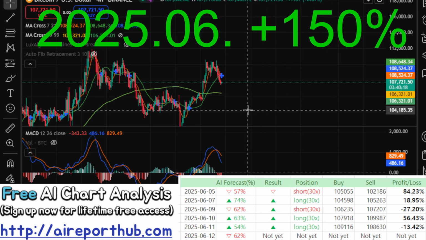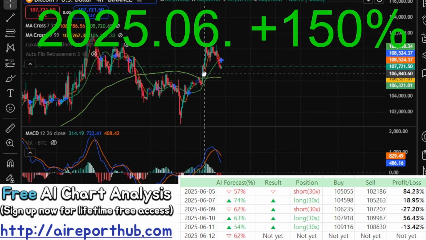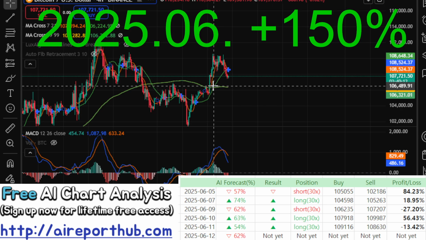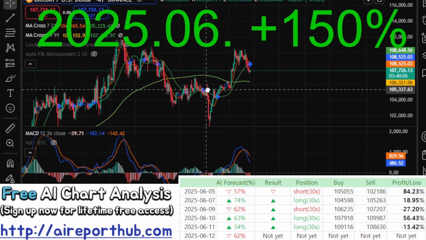On the resistance side, the recent high combined with the 21 EMA will act as a strong resistance if any upward move takes place.